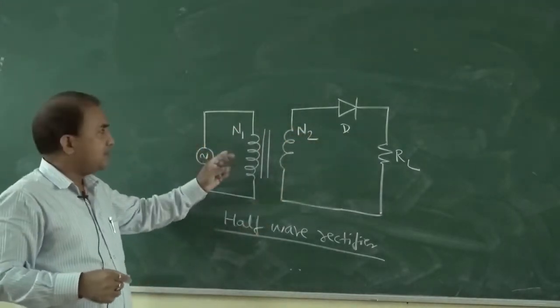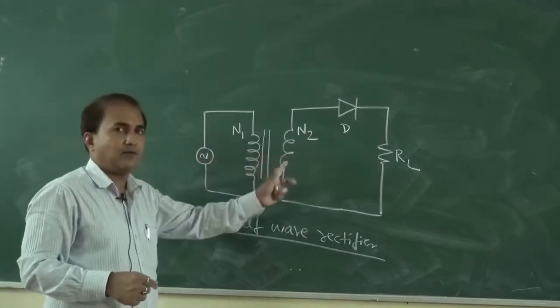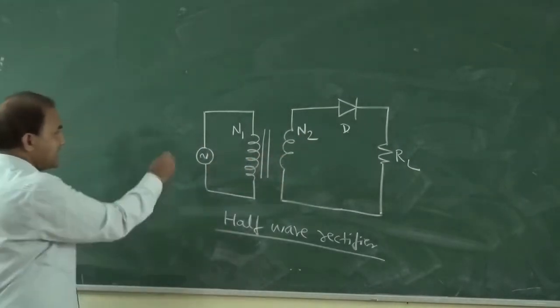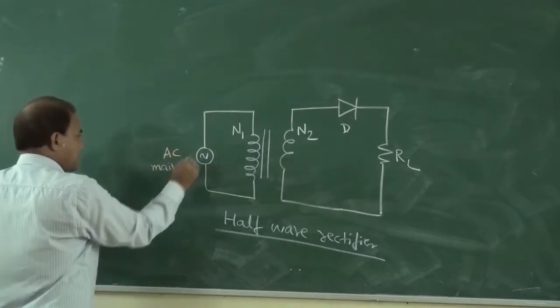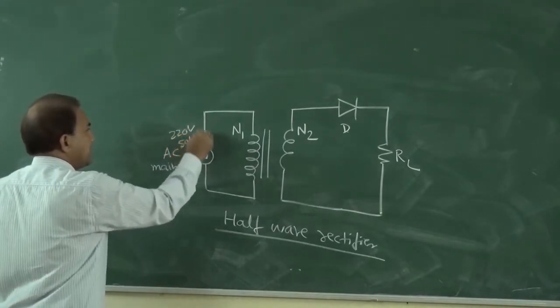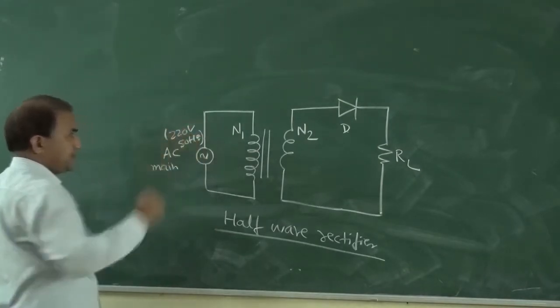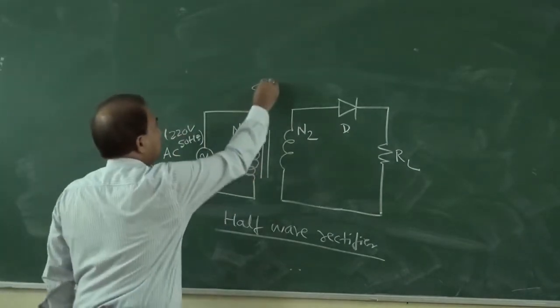N1 is the number of turns of the primary coil, and N2 is the number of turns of the secondary coil of the transformer. And this is the AC mains. Suppose this is a 220 volts, 50 hertz line supply. This is a step down transformer.